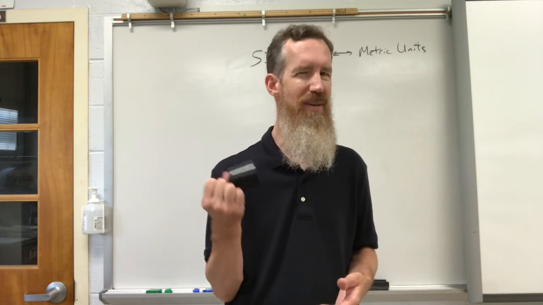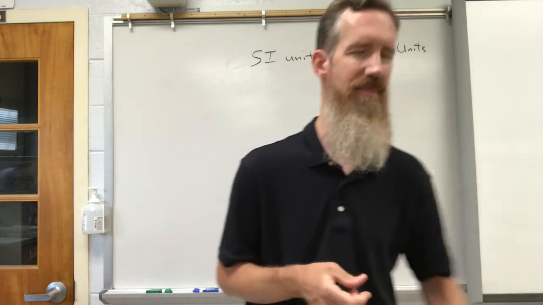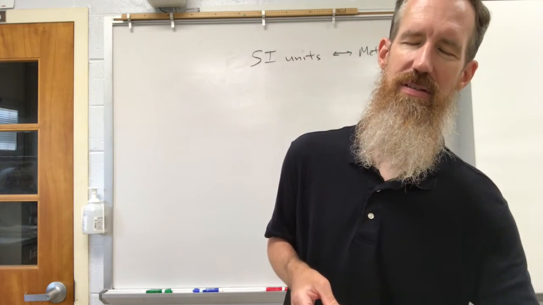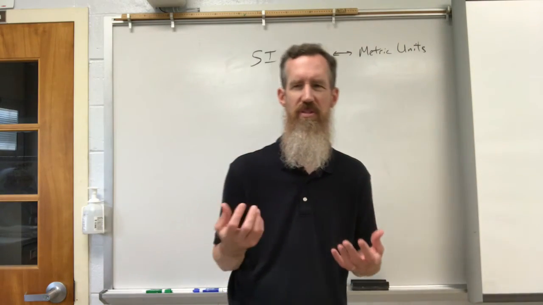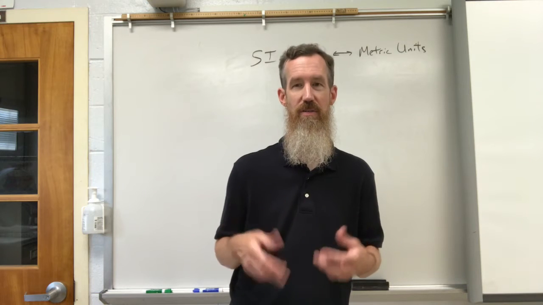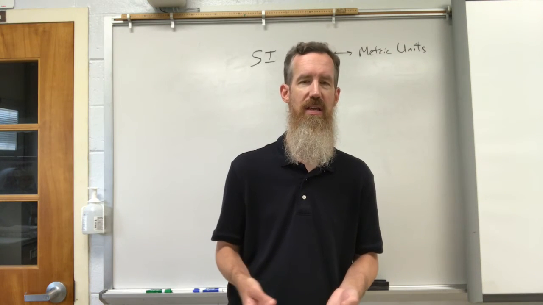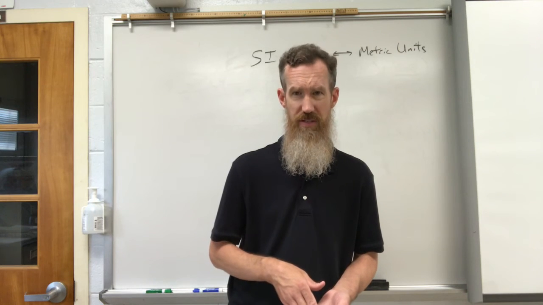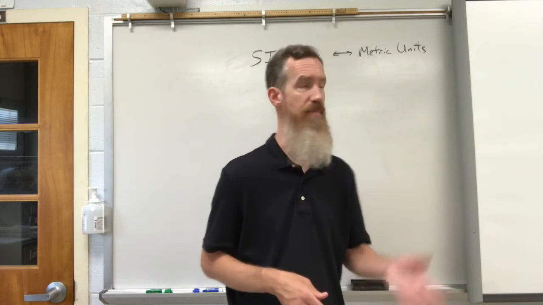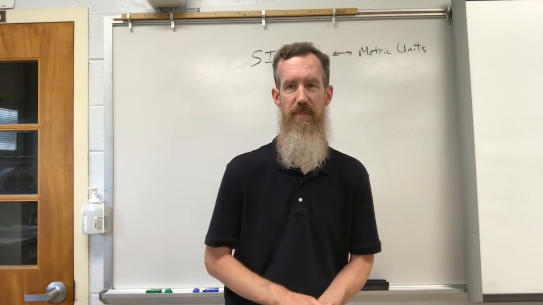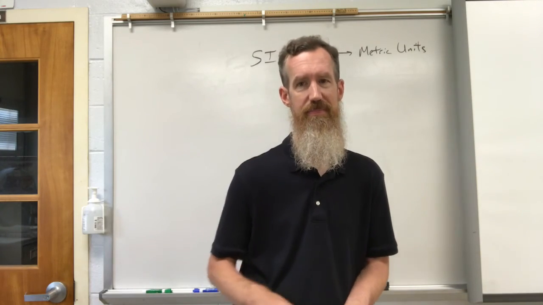So that's really, in our class, the difference between the two systems. We are going to use the SI system in class, where kilograms is the measurement of choice, versus the metric system, where grams is the base unit.